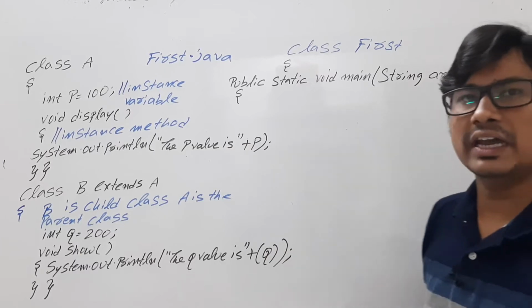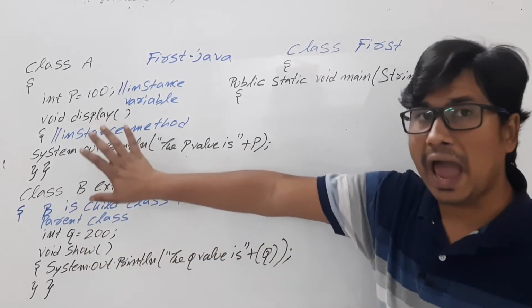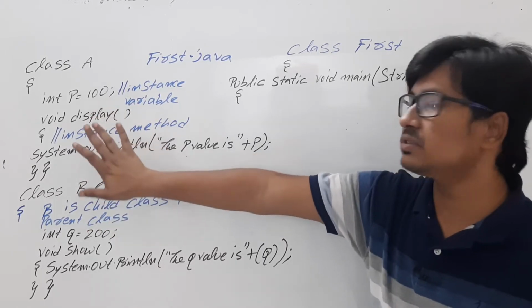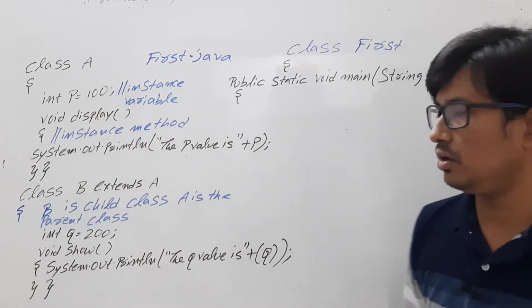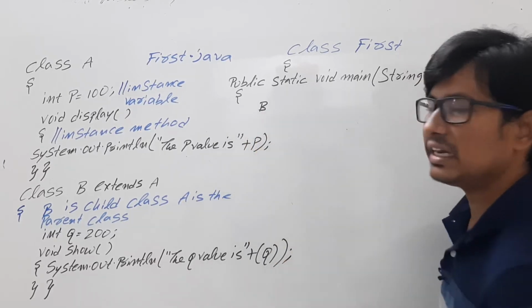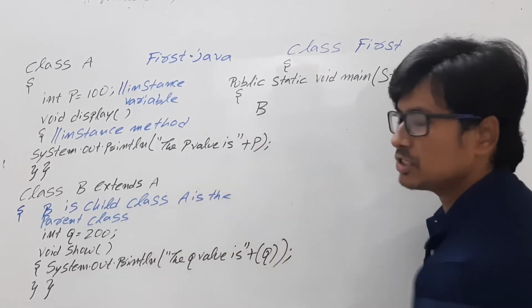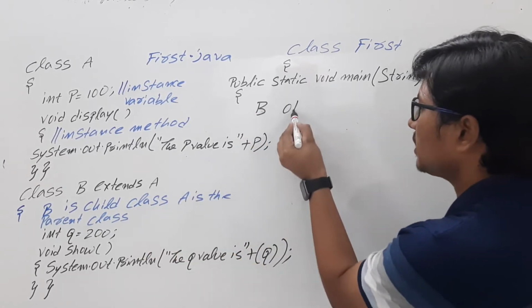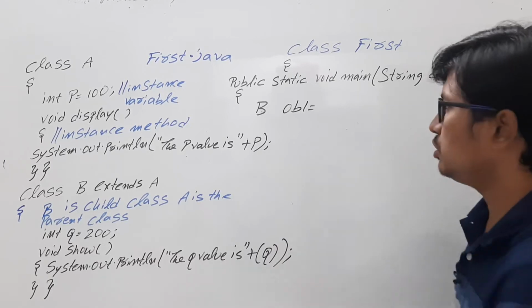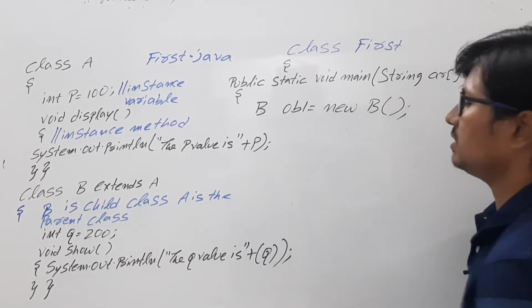So now what can I do? I can create an object for the child class to access the members of the parent class and the child class also. What is the generalized syntax for creating an object? Class name, here the class name is B. Object name, let me create it as ob1 = new class name, ends with a semicolon.